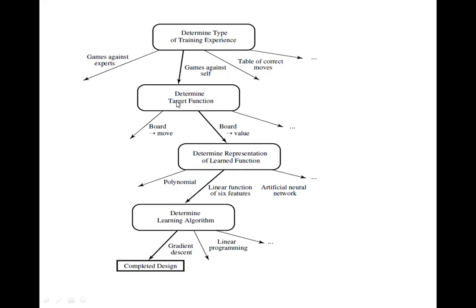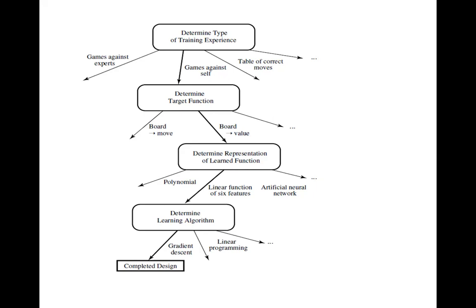Next, determine the target function. Our target function is choose move, where we have a set of boards and respective values. So we'll use this target function and determine the representation of the learned function. The target function, you have to represent it in some form.